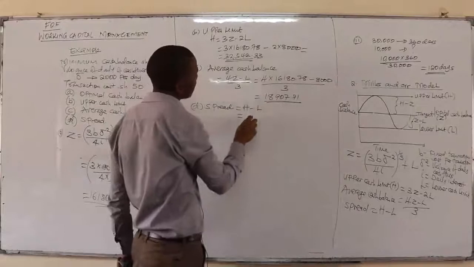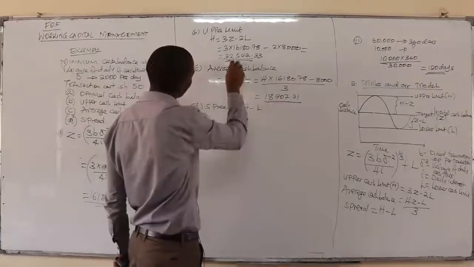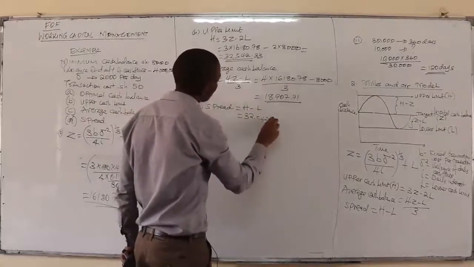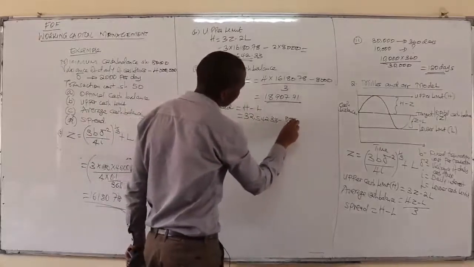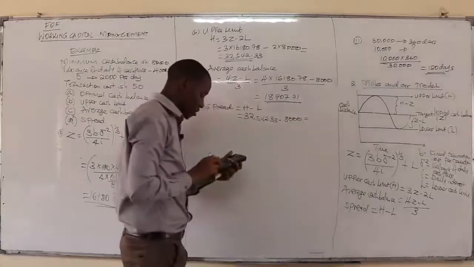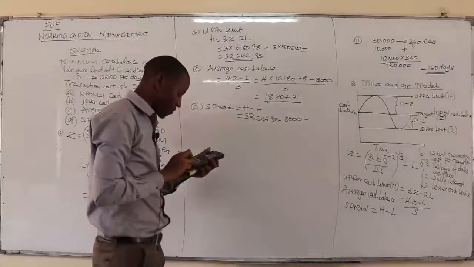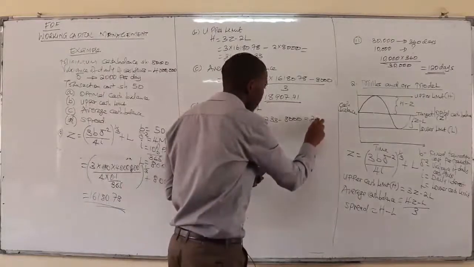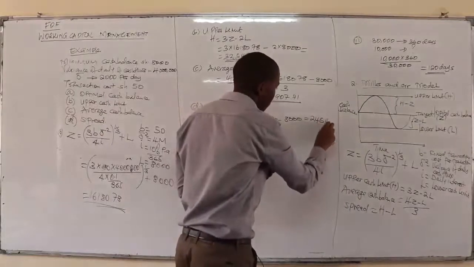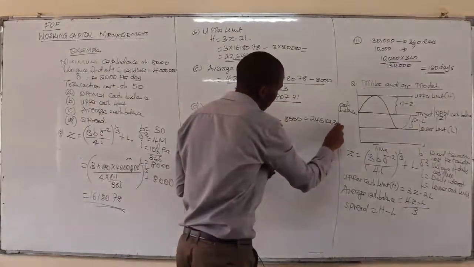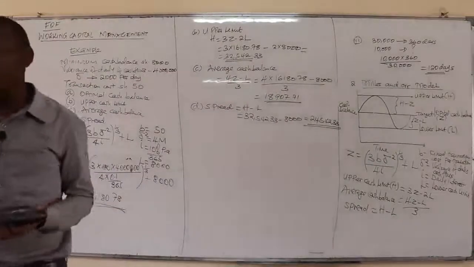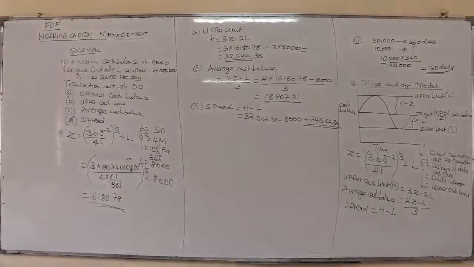The maximum in this case is H, which is 32,542.33, minus the minimum, which was 8,000. 32,542.33 minus 8,000 is 24,542.33. That is what we call the spread. That is how you look for the spread.